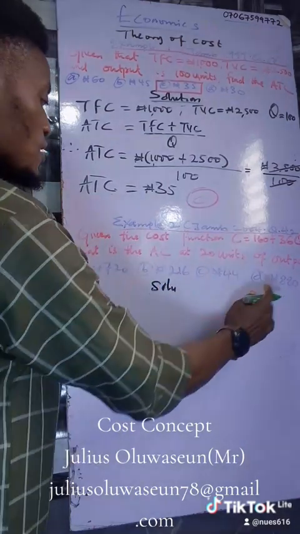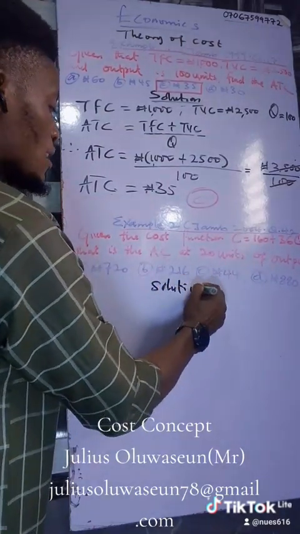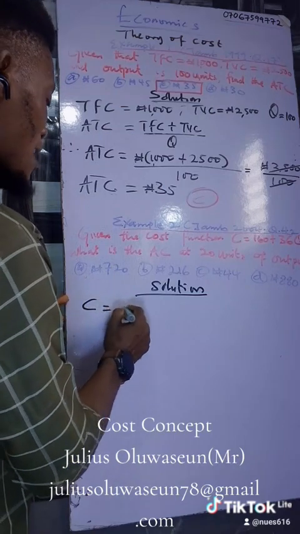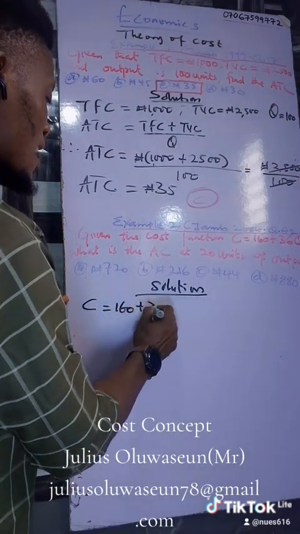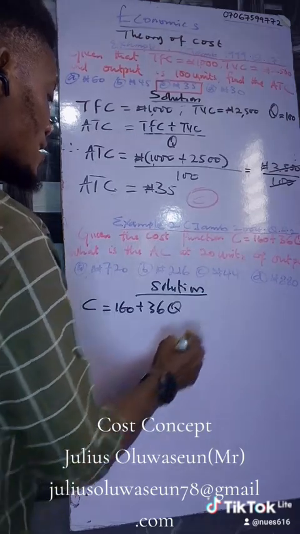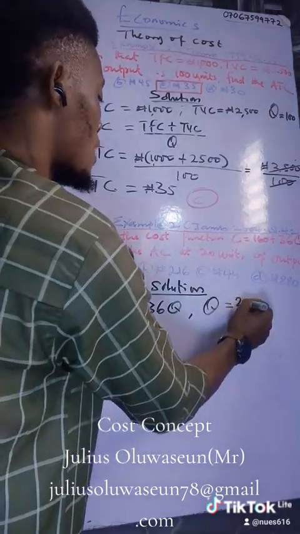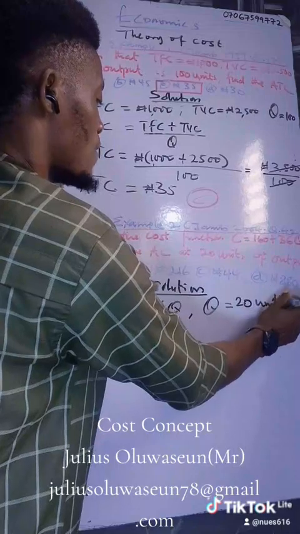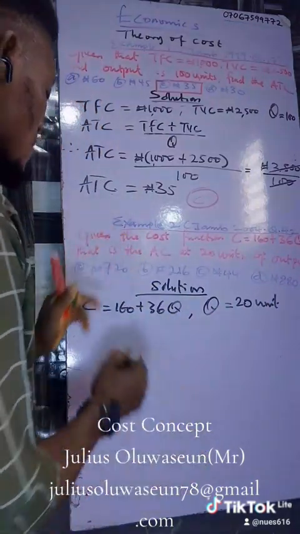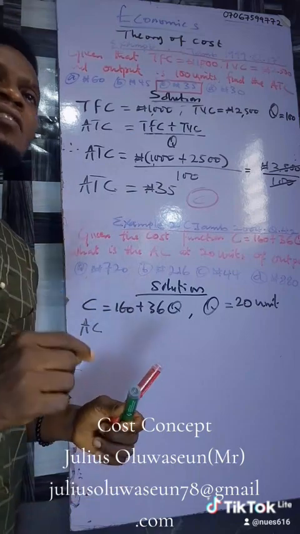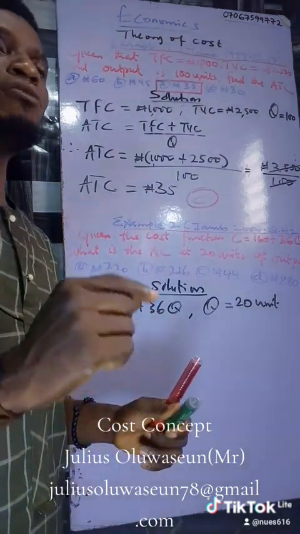For our solution, we are given C as 160 plus 36Q. Know fully well that the value of our Q is 20 units. We are asked to look for the average cost.